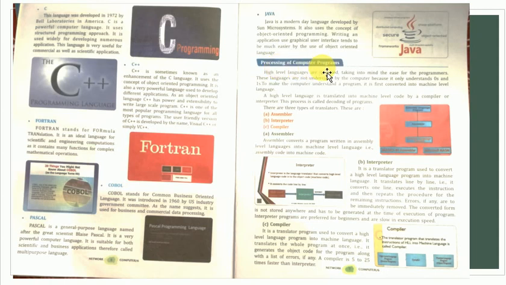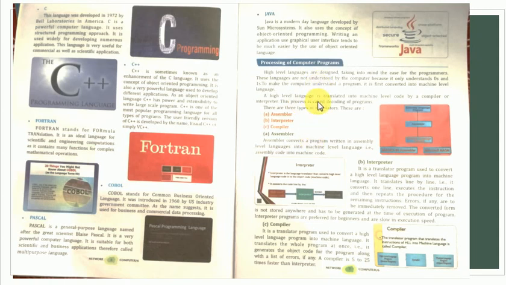This is a new topic, processing of computer programs, how computer programs work. In this we are going to read about the processing that changes high level language to machine language, because high level language is understood by human beings.